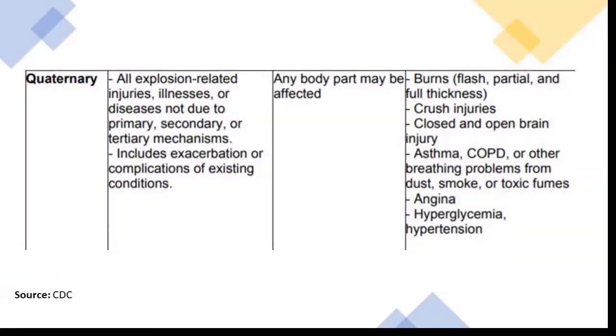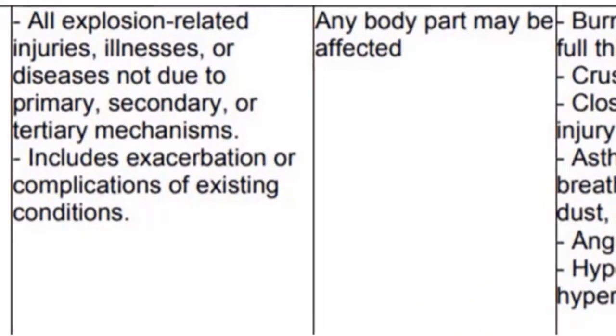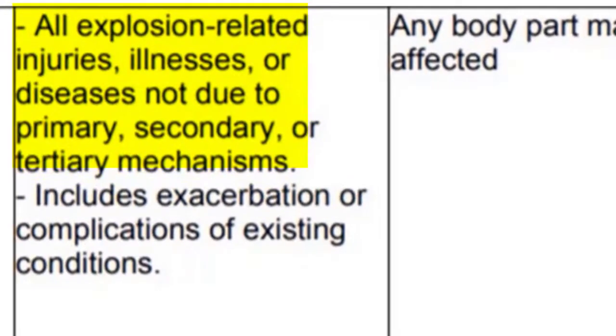Next, we have what we call quaternary effects. And these are all explosion-related injuries, illnesses, or diseases not due to the primary, secondary, or tertiary mechanisms. This includes exacerbation or complications of existing conditions. Once again, any body part may be affected.